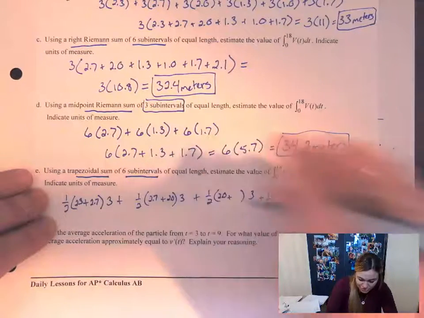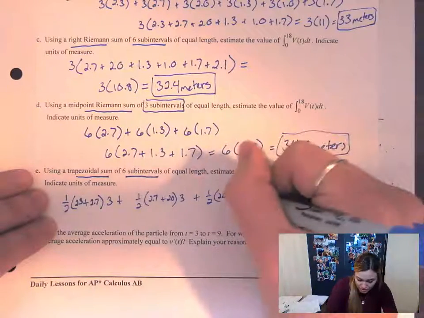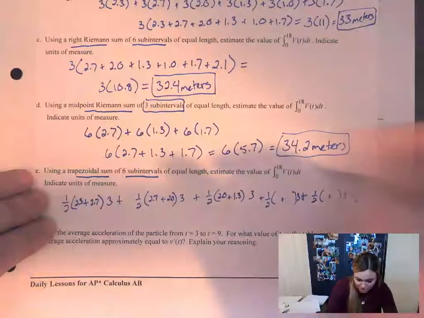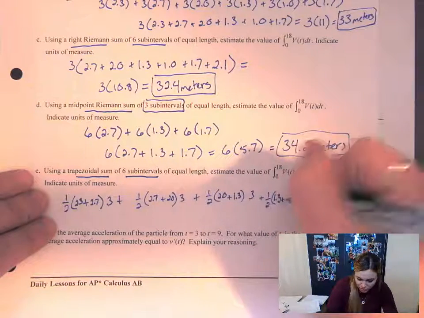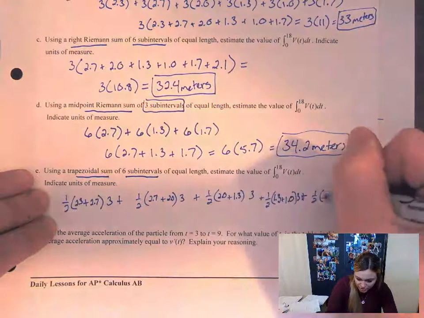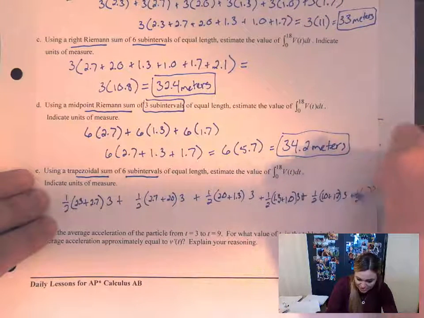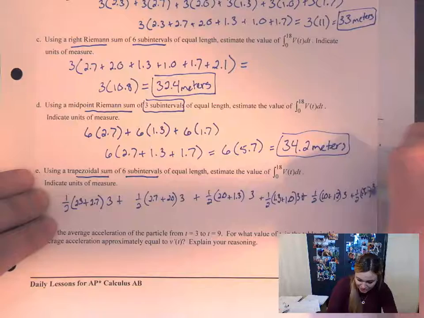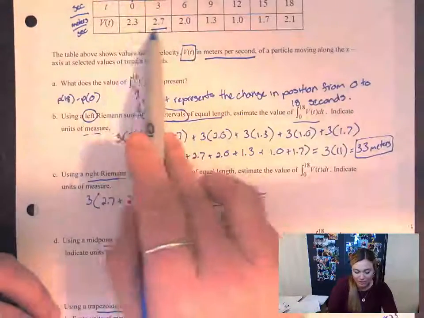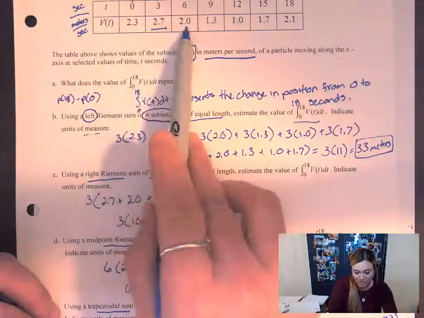Next one, 2.0, 1.3. Keep going, 1.3, 1.0, 1.0, 1.7, 1.7, 2.1. Eek! That one didn't look that nice at the end.